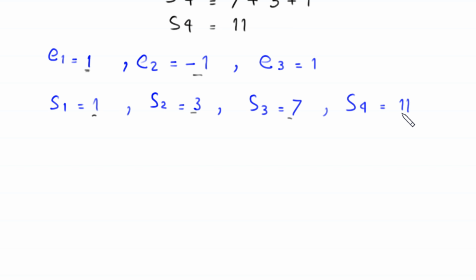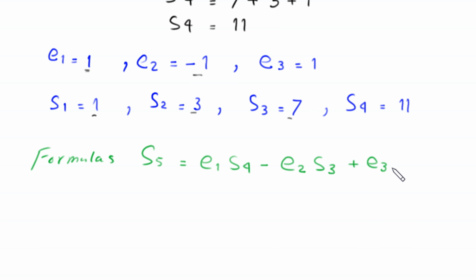Now we find the value of S5 using Newton's sums formula. Newton's sums formula for S5 is equal to E1 times S4 minus E2 times S3 plus E3 times S2.